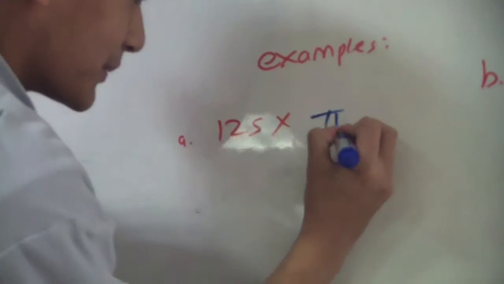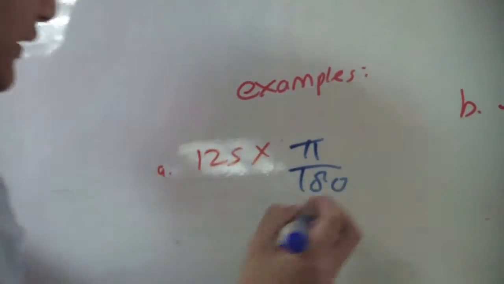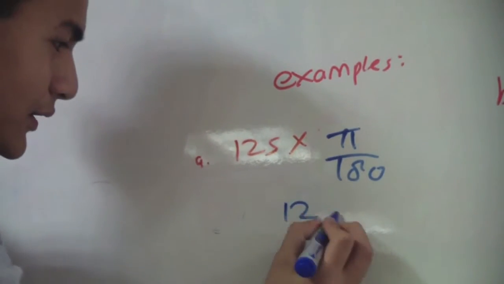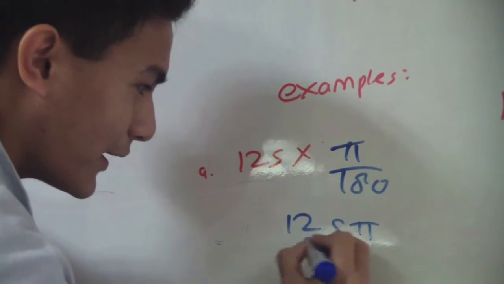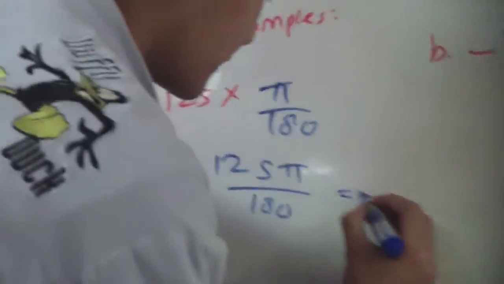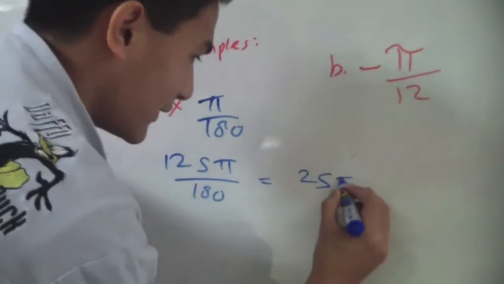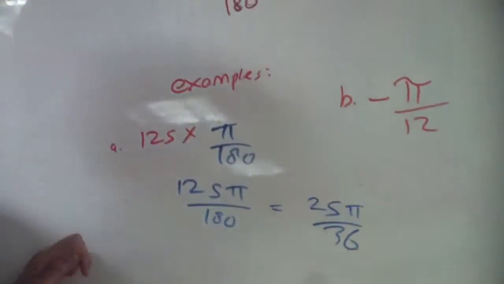For these examples, 125 degrees times pi over 180. So you have 125 pi over 180, and you simplify it. It becomes 25 pi over 36. Same as this one.